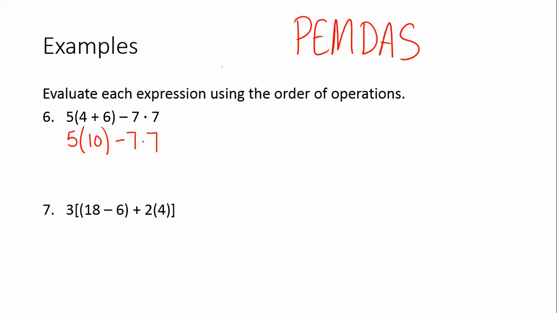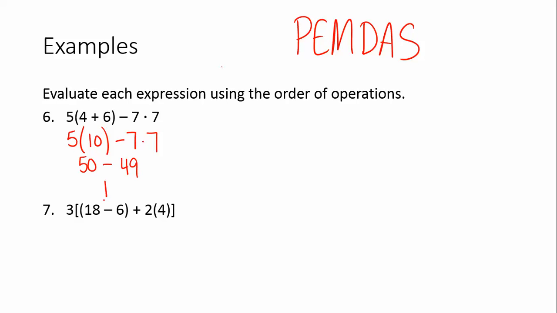I have multiplication here, I have subtraction, and another multiplication. I need to take care of multiplication before subtraction. So this will give me 50, and I bring down the minus sign. You can do the 7 times 7 right now. 50 minus 49, and that's 1.